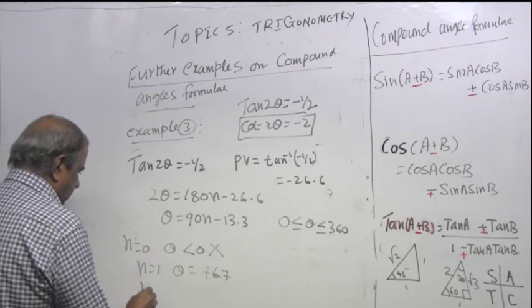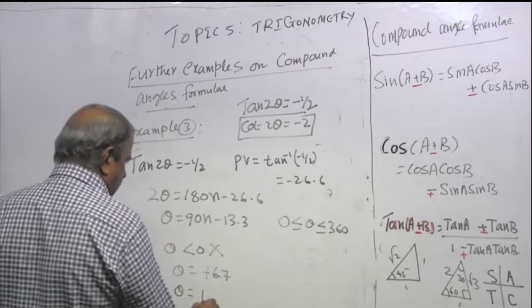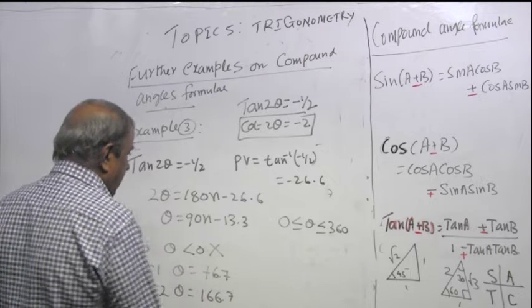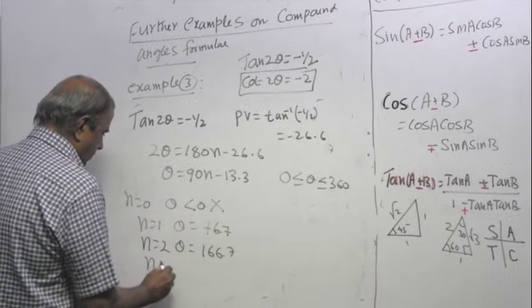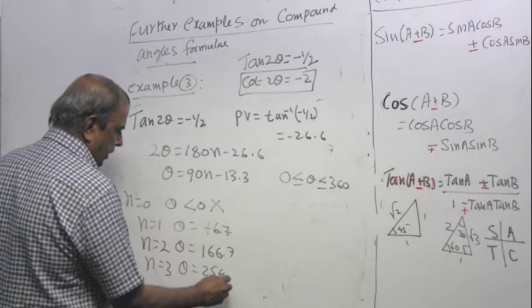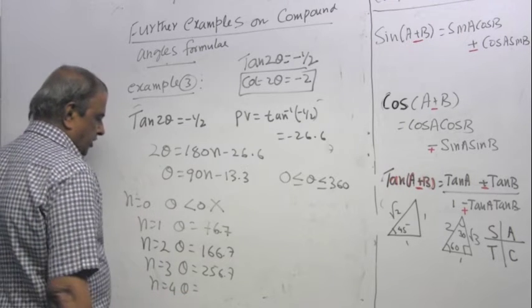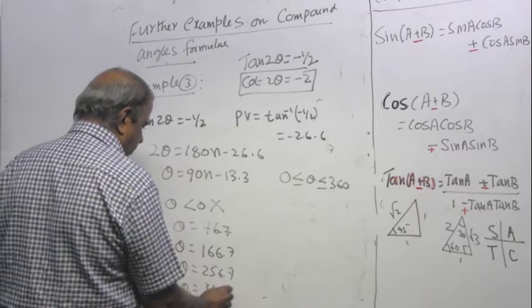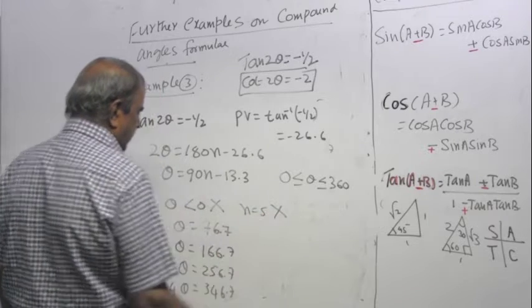Then put n equal to 2, theta will be 166.7, that is 180 minus 13.3, but I keep on adding 90. Put n equal to 3, 256.7. Put n equal to 4, 256.7 plus 90 is 346.7. When you put n equal to 5, it's outside the range.